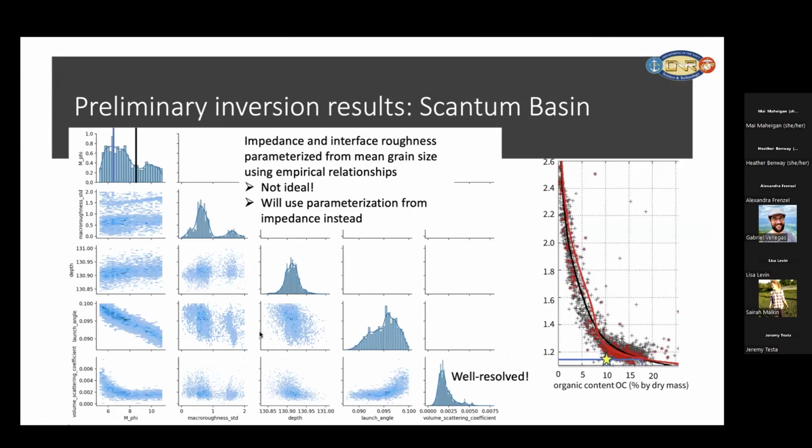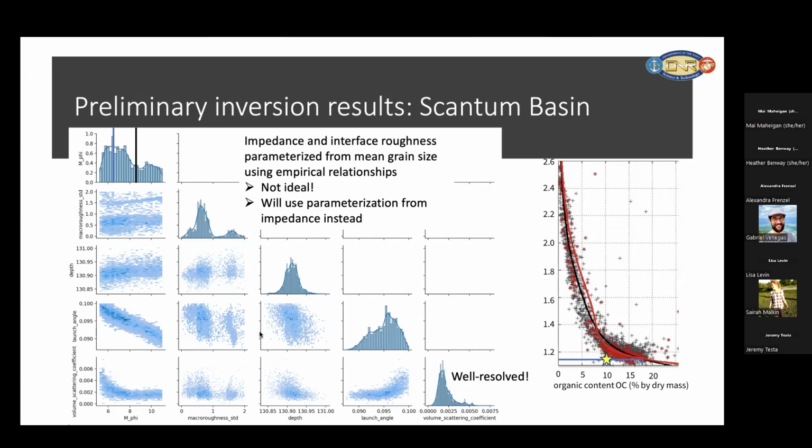And the idea here is that if you take this value of mean grain size, the best fit, most probable value, and you stick it in this empirical relationship that we resolved to get impedance and interface roughness, the ground truths are an organic content of about 10% loss on ignition.